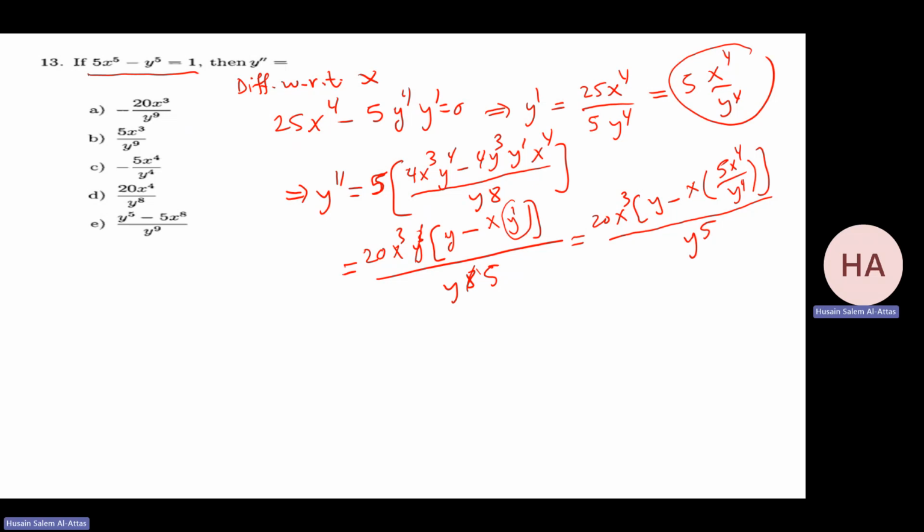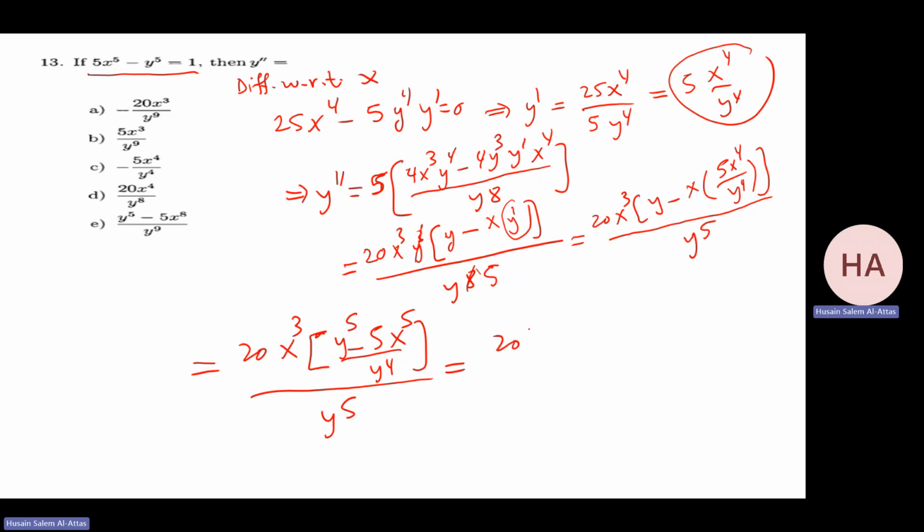Okay, so that will be 20x cubed times y to the power 5 minus 5x to the power 5 over y to the power 4, all over y to the power 5.